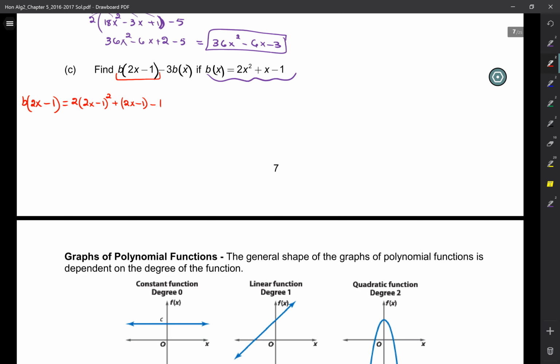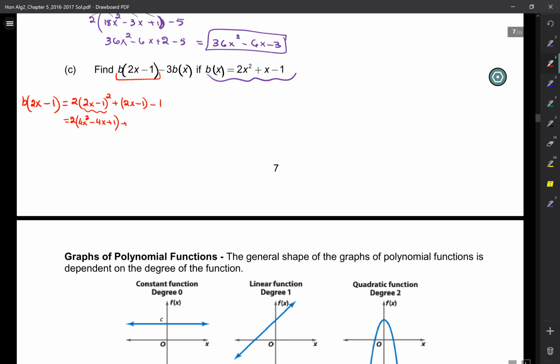Now, let's see. This is 2 times, and if I square this, what will I get? 4x squared minus 4x plus 1.